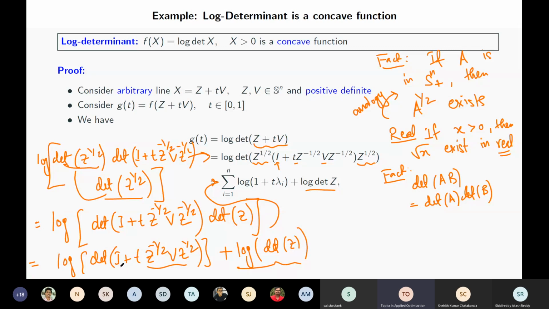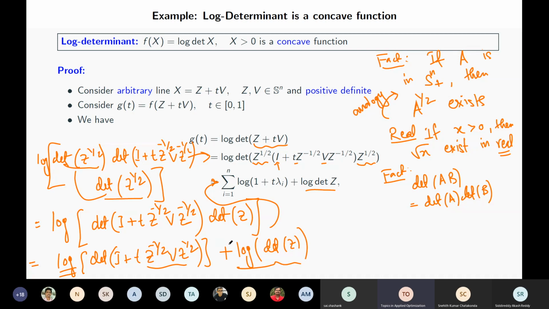So the eigenvalues of these are 1 plus t lambda 1, 1 plus t lambda 2, and so on. And determinant of that matrix will be the product of the eigenvalues. And then the product will split into the sum because of the log. Okay, so that's what is happening here, right?